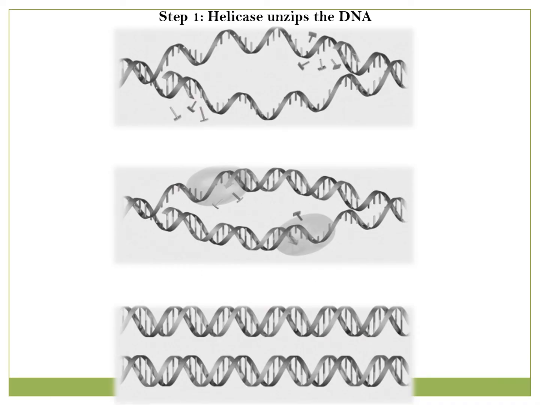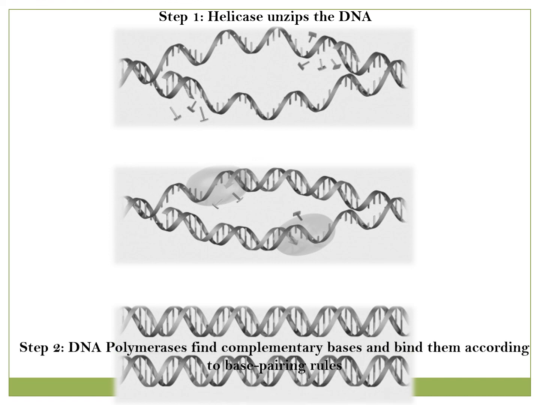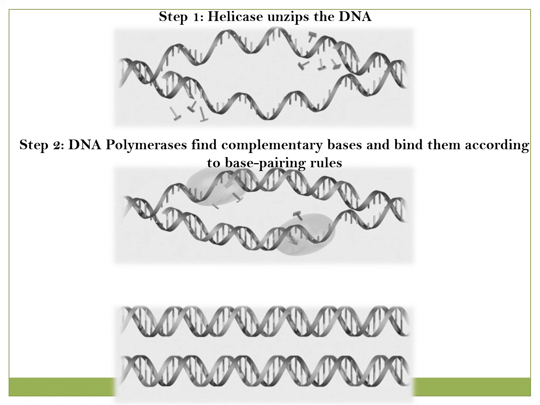So step one to do this, helicase unzips the DNA. Helicase ends in ACE, so that tells us it's an enzyme. So there's an enzyme that comes in and breaks down those weak hydrogen bonds. Then this big, huge enzyme named DNA polymerase finds the place where helicase has unzipped it, usually because there's something called DNA primase that comes in there.